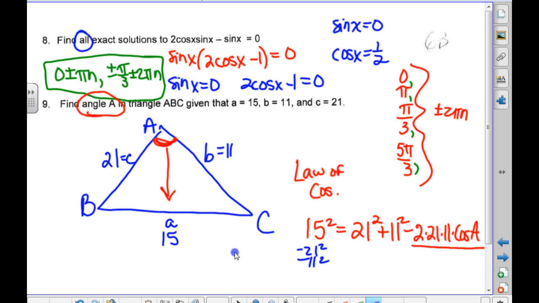So if I type 15 squared minus 21 squared minus 11 squared, we get negative 337. And over here, I got rid of those already. So I have left a negative 2 times a 21 and an 11.